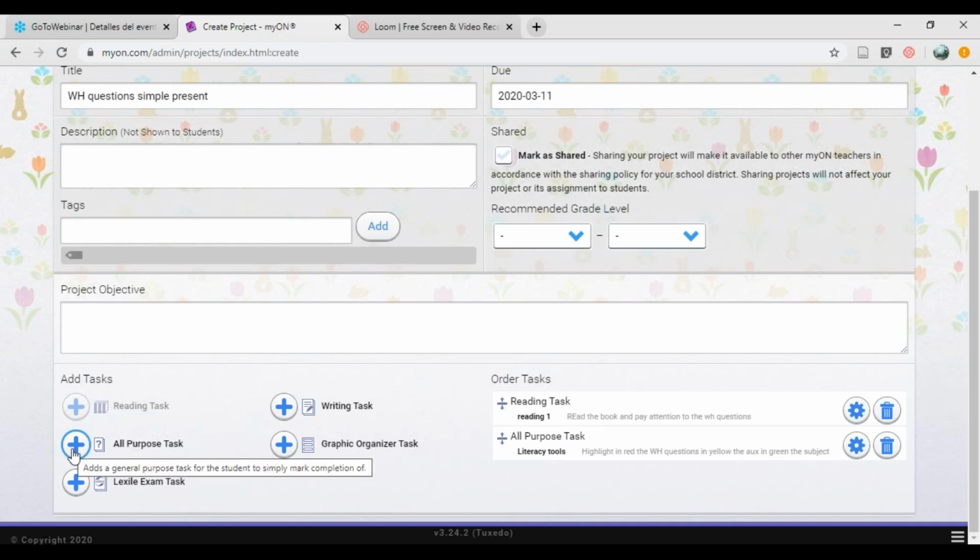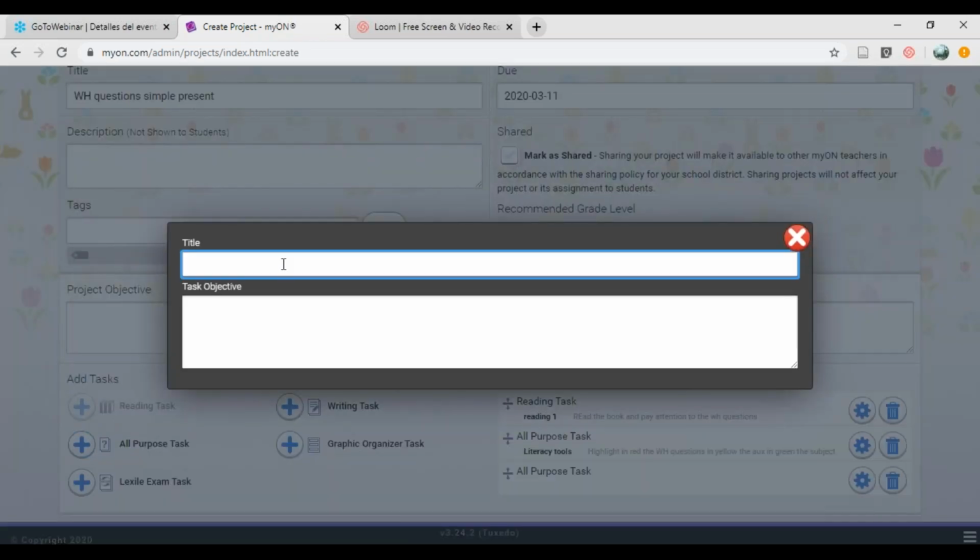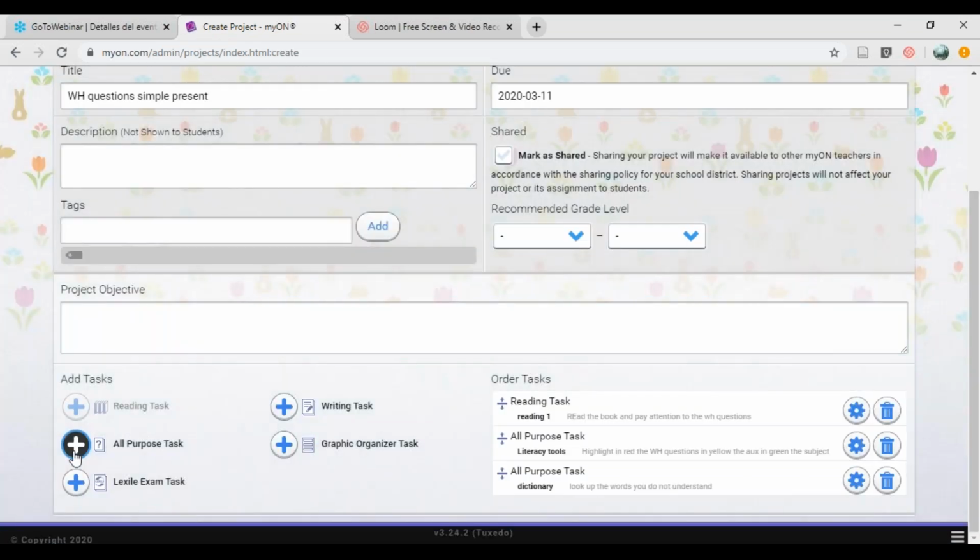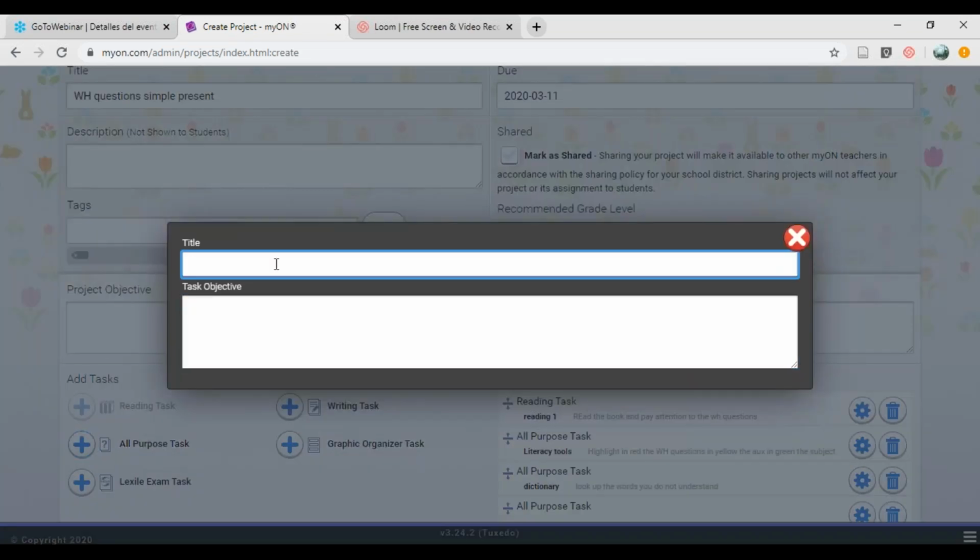And of course, I almost forgot, dictionary. Look up the words you don't understand. That's an option. Or another option, if I want to scaffold a little bit more, if I don't want my students to look up the words because they are very little, they are very young, I can add an all-purpose task that is not going to be a task, it's just going to be a place where I can write.